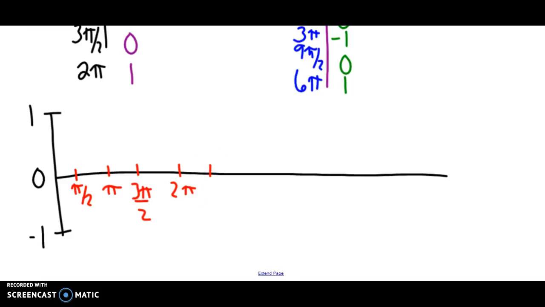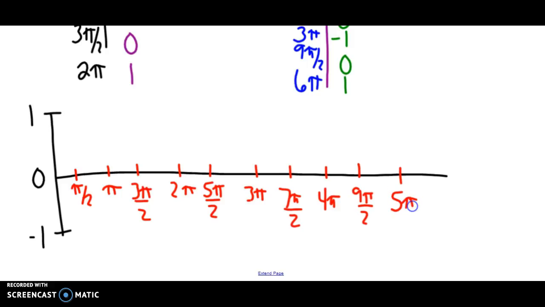Then I would get 5 pi over 2, 3 pi, 7 pi over 2, 4 pi, 9 pi over 2, 5 pi, 11 pi over 2, 6 pi. Okay, so those are my values. And now that's going to make one period of my g of x.